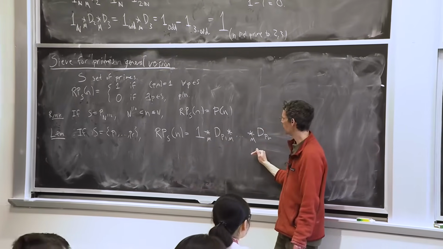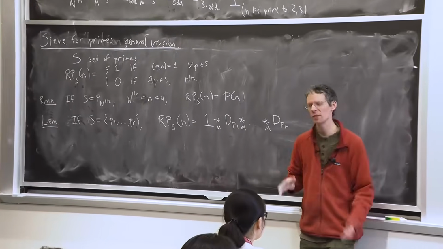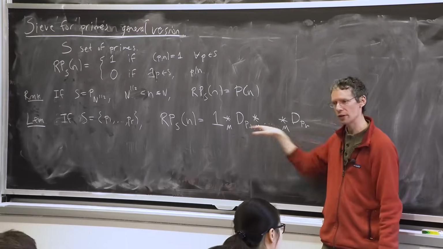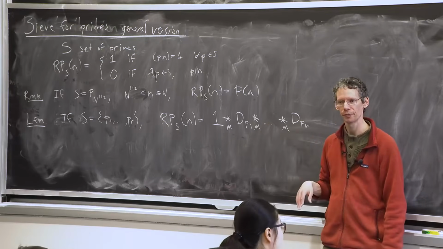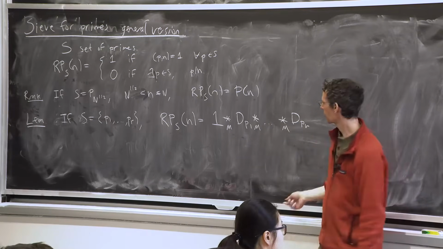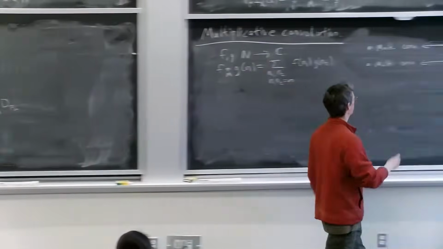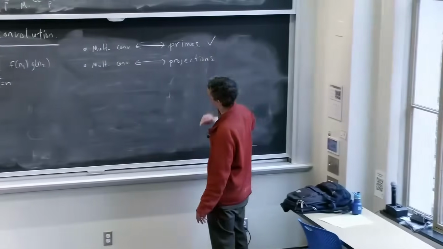And so the Bombieri-Vinogradov theorem is mostly a theorem about functions that have the structure that they're convolutions. OK, cool. OK, so that is how multiplicative convolution is related to primes.